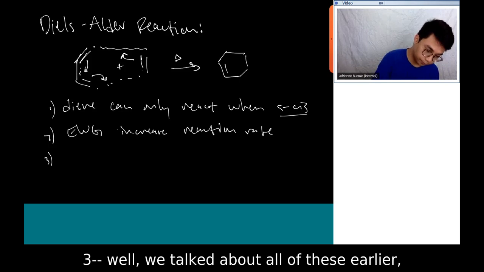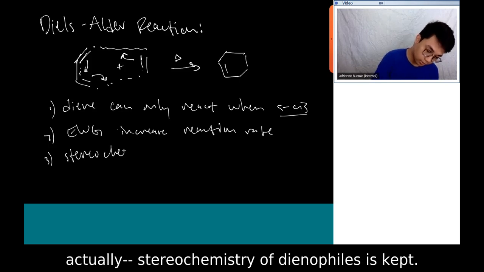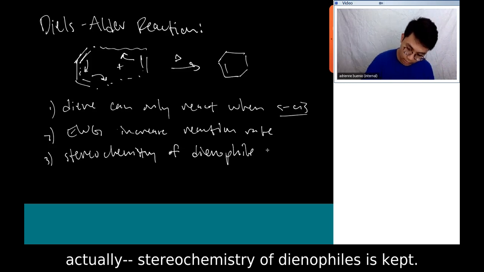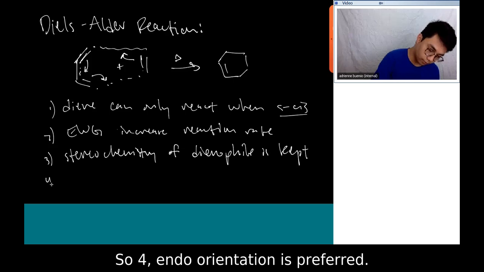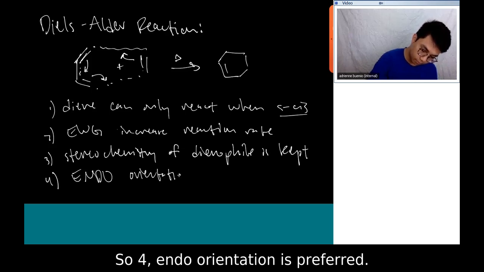Three, well, we talked about all of these earlier actually: stereochemistry of the dienophile is kept. Four, endo orientation is preferred.